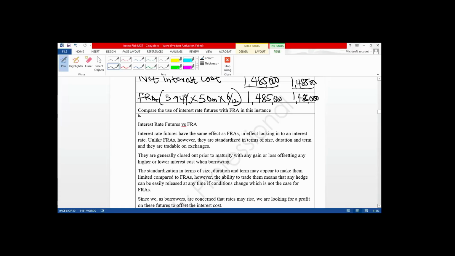And in terms of trading, futures contracts are tradable on exchange. FRAs are not tradable.